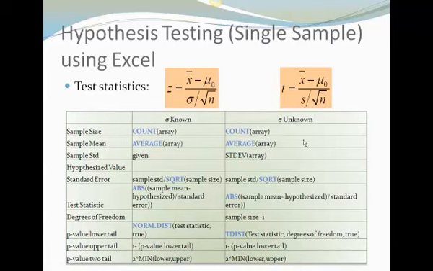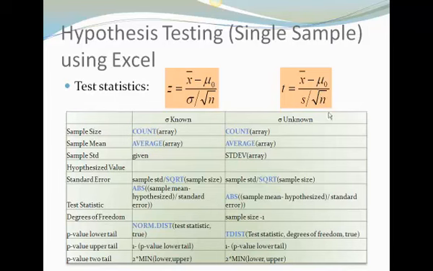Okay, so what I did here is I set up how you would set up a hypothesis testing table in Excel. First thing I do is define all of these variables, then stick them into the t-statistic, and then get Excel to calculate the p-values for you. So COUNT gives you that n. AVERAGE gives you that x bar. STDEV gives you that s.